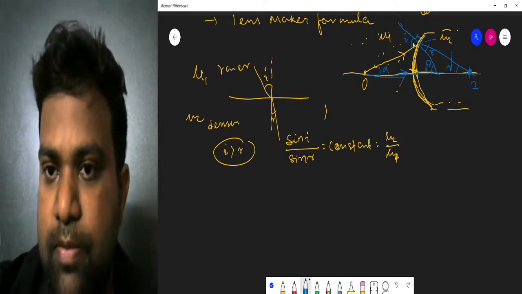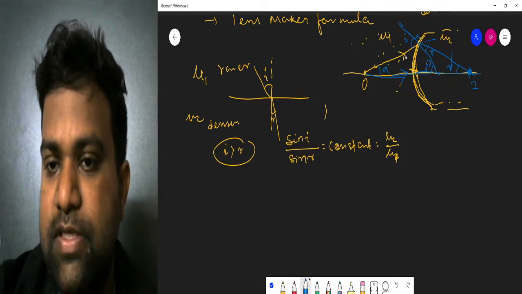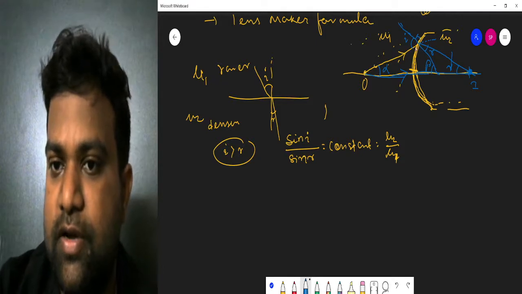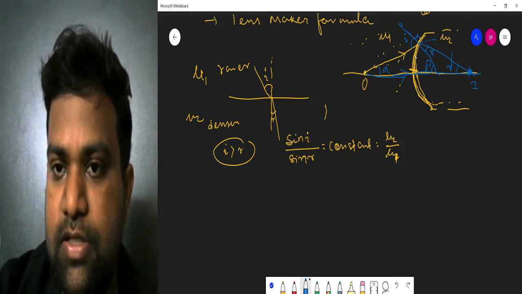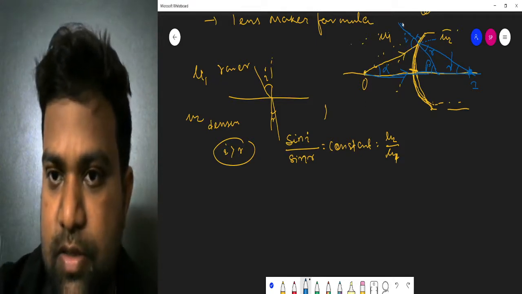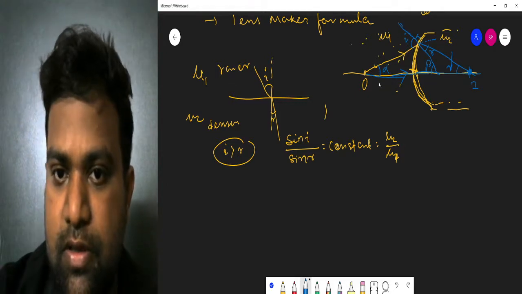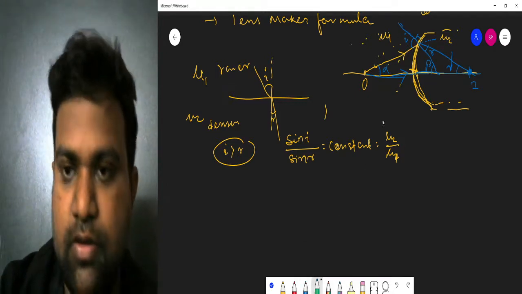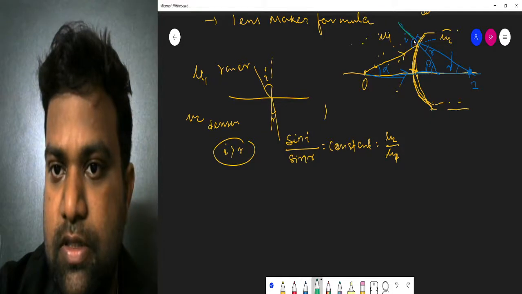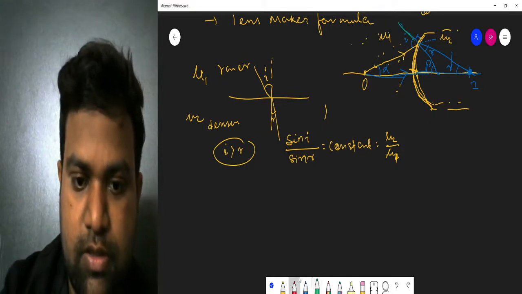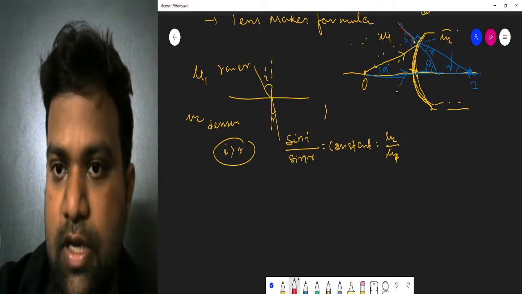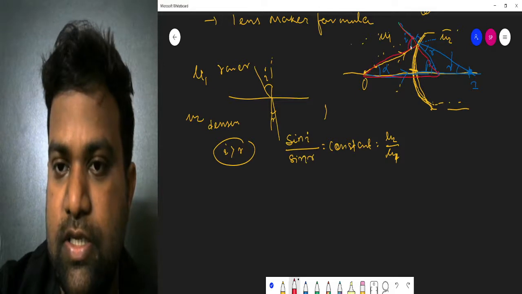So from your basic trigonometry and the triangle concept, you can write that. Let me take another color, this red, this line and this one, this is a triangle and this is your external angle.